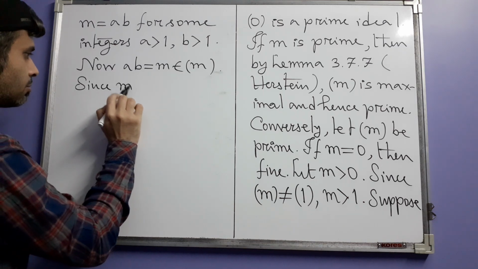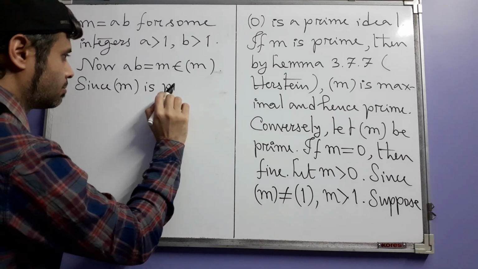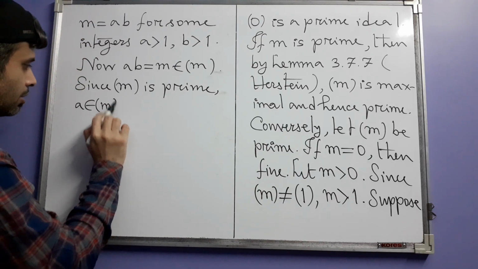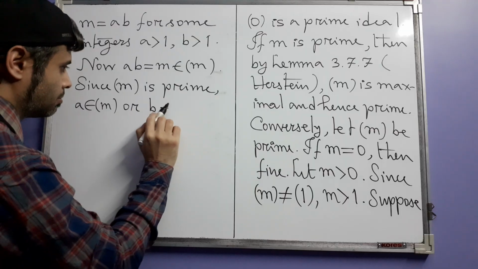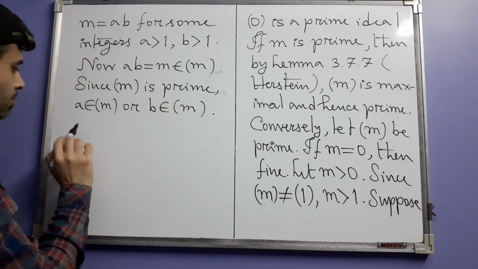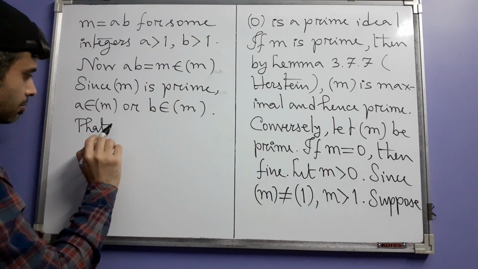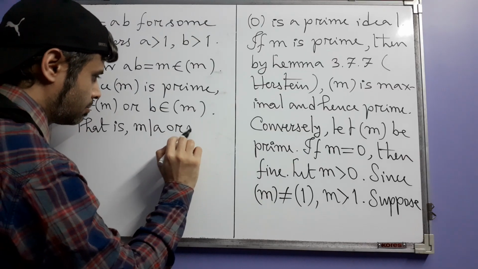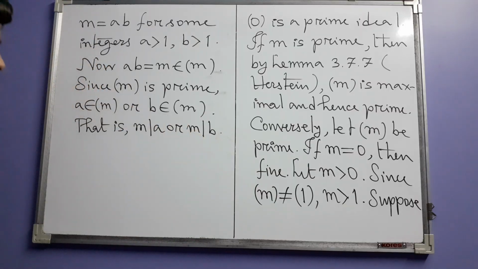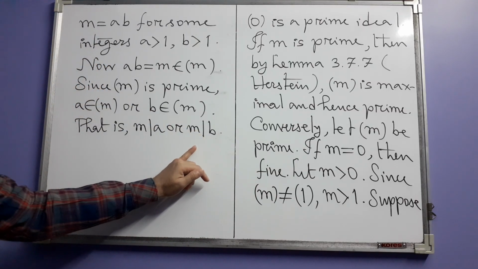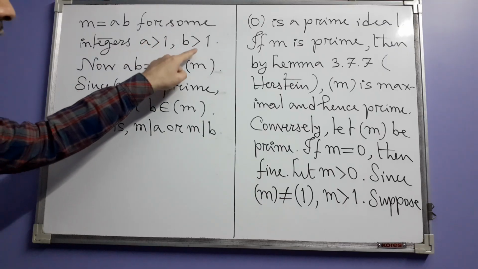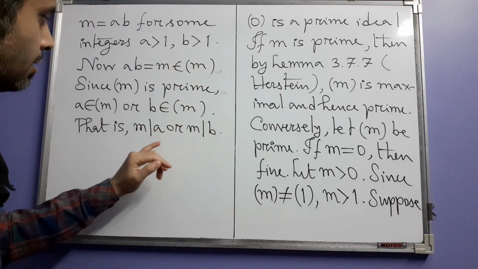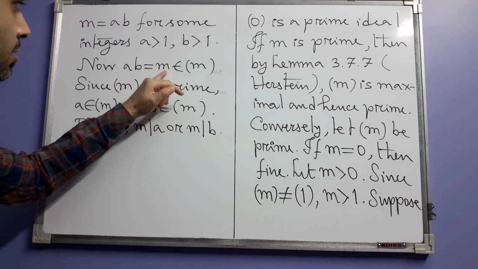Since m is prime, a belongs to m or b belongs to m. But then what do we get? That is, m divides a or m divides b. Is that possible? No, that is not possible, because a and b are both positive integers, both greater than 1, and ab is equal to m.